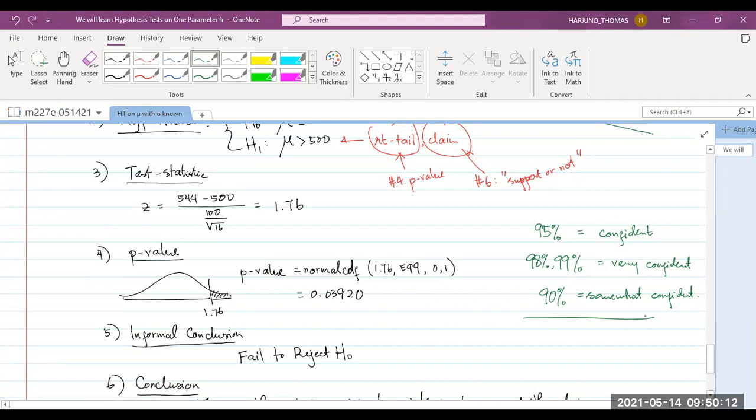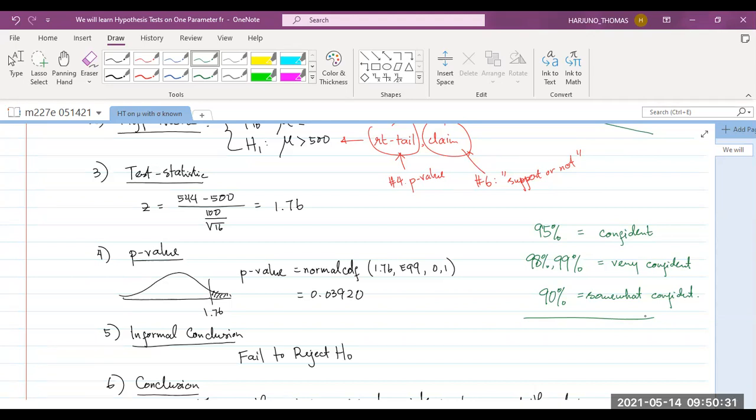Are you confident you will pass the class? Yes, I'm confident. At what percent? 60%. No, that's not confident. When we say confident in statistics, it is 95%. When we say very confident, it means 99 or at least 98%.